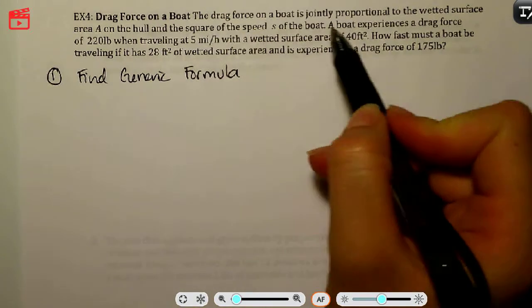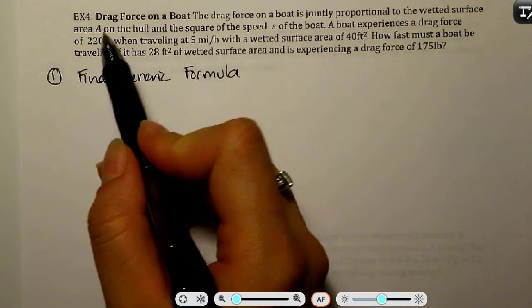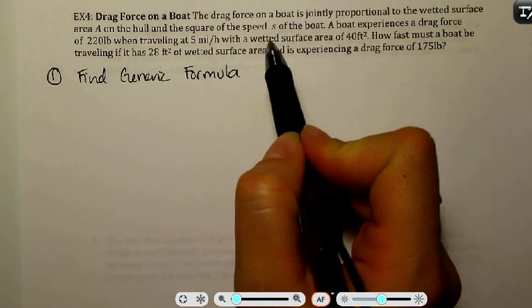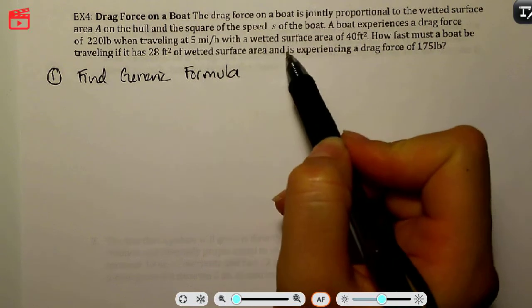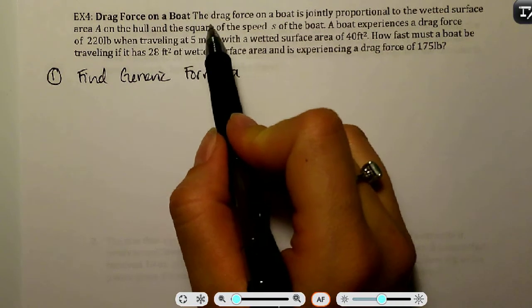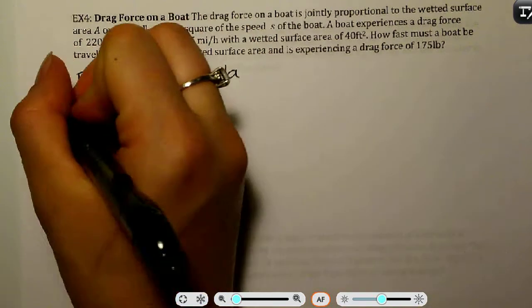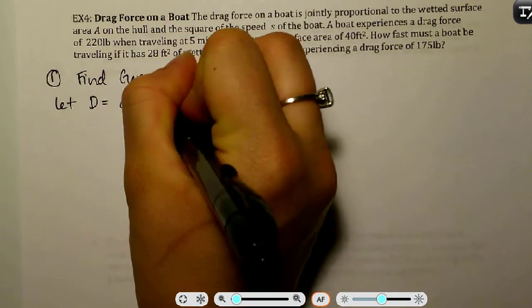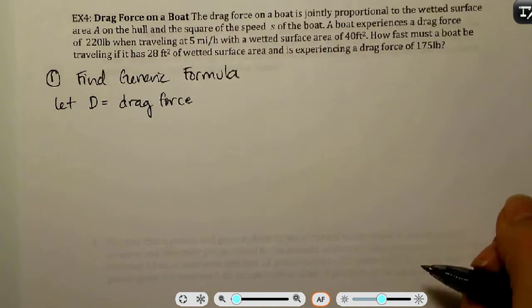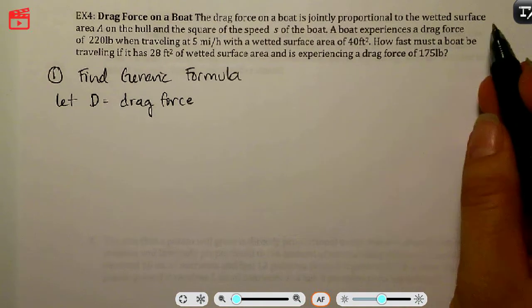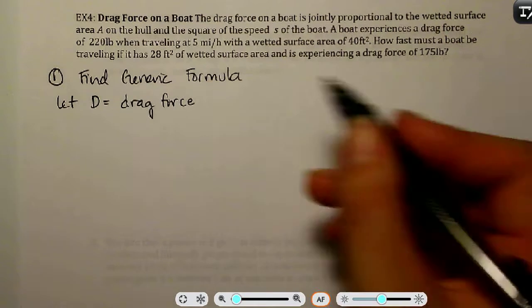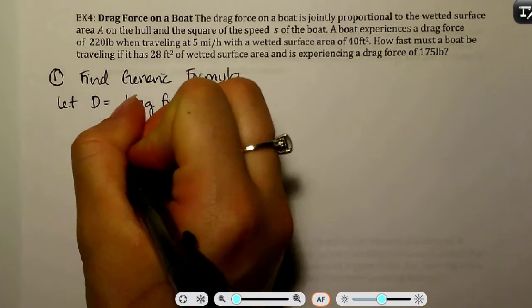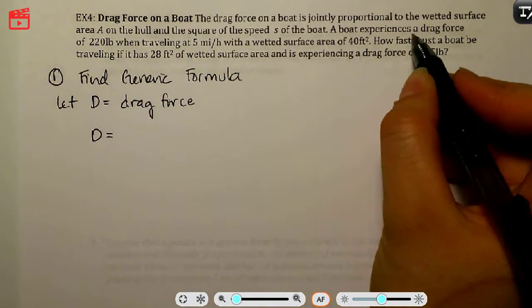So the drag force on a boat is jointly proportional to the wetted surface area, A, on the whole, and the square of the speed, S. Well, they don't give me the variable for drag force, so I'm going to say let D be the drag force, since I'm introducing a variable, and then I'm going to use the variables they gave me. So, the drag force is jointly proportional.